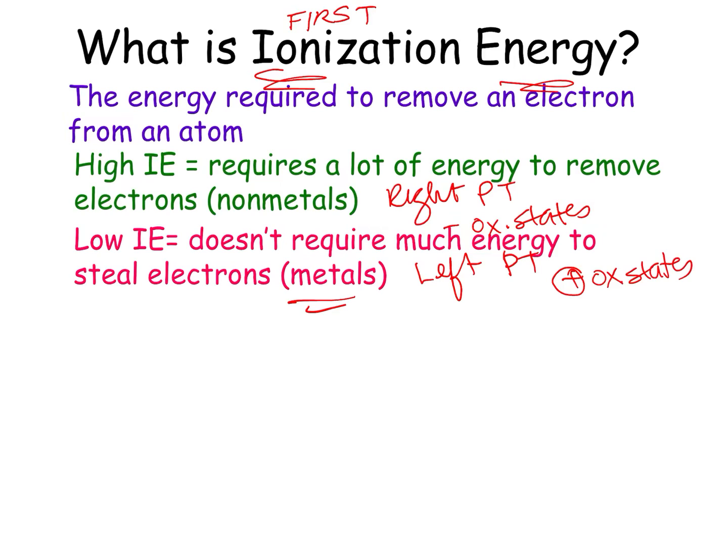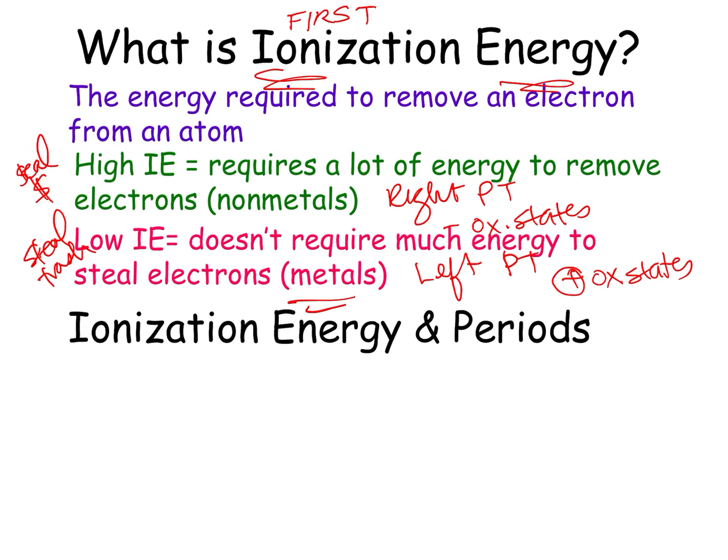Oxidation states that are positive means those elements like to lose electrons. So if I like to lose electrons, I'm not going to put up much of a fight when you want to take them from me. So that's why they have lower ionization energies. So it's like if you have a high ionization energy, it's like you're stealing cash money versus stealing trash.